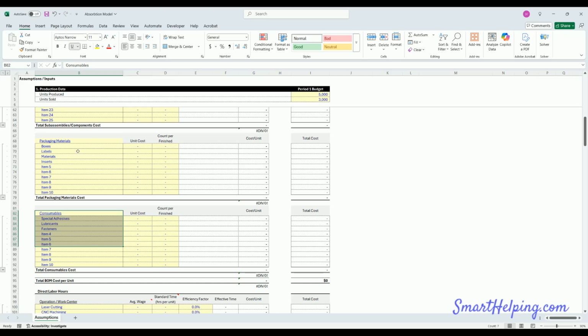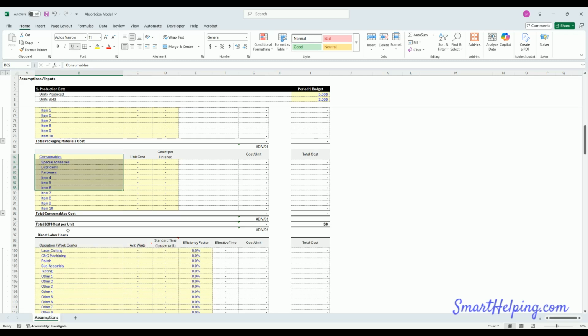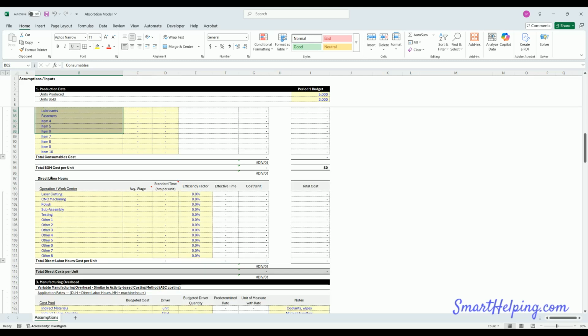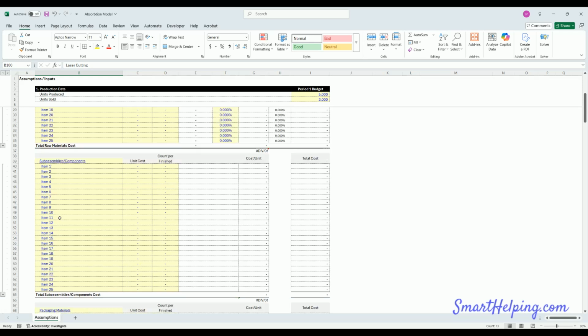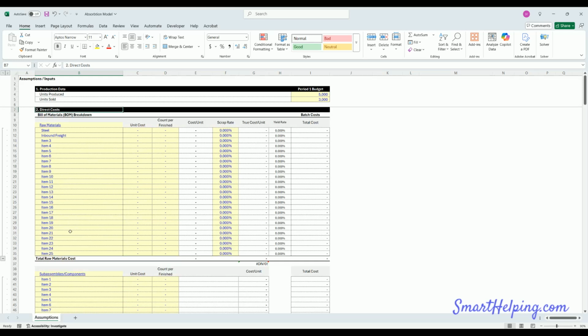Once we figure out all of that data, we have essentially a total bill of material cost per unit. The other part of this costing model is going to be direct labor hours, and we have 13 relevant fields here, and this is labor wages. We do account for efficiency, and so that's all of section 2, which is the direct costs.